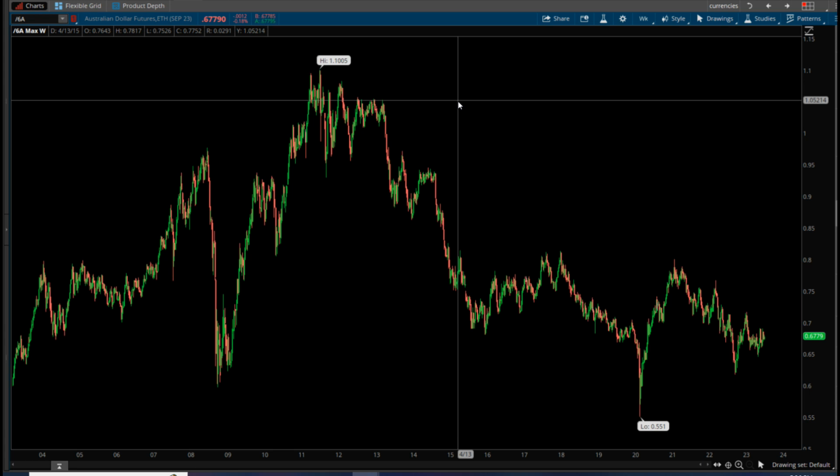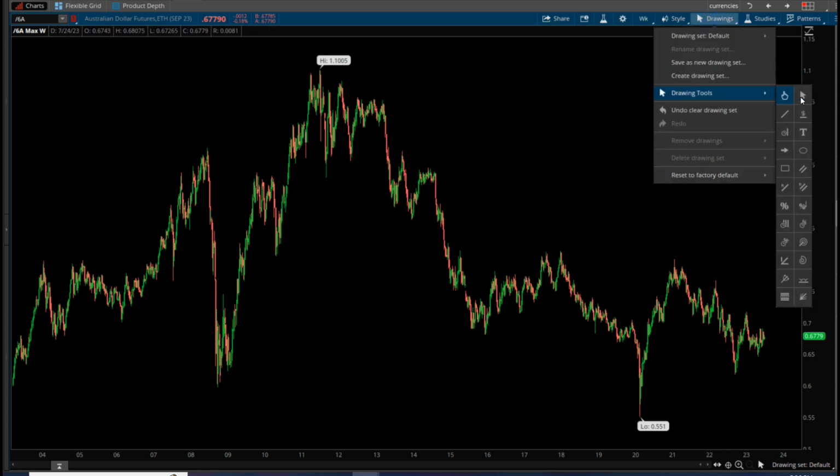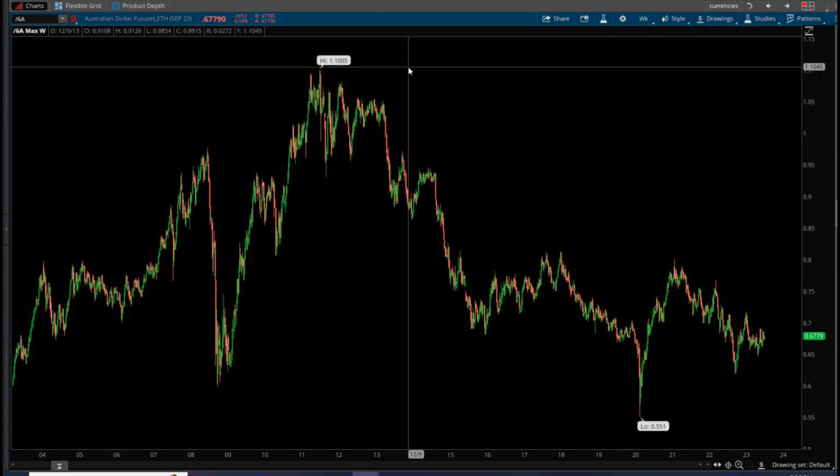Australian dollar futures. This is my first chart here that I want to mark up. I'm going to try to do this within the 10 minutes. First thing I want to do is get my high marked off.